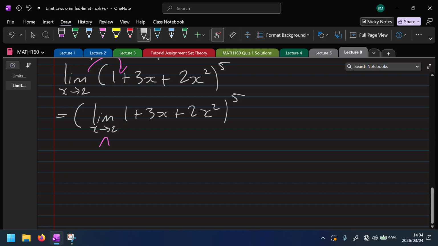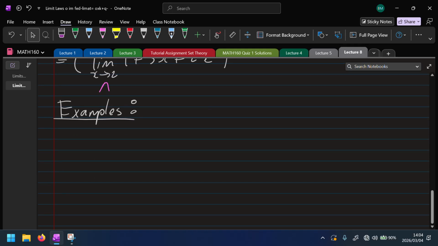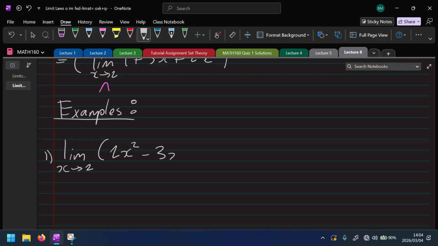Let's have a look at some more examples. Again, it goes: evaluate the limit if it exists. If it does not exist, explain why. That's how the questions will be. Number 1, we have the limit as x goes to 2 of 2x squared minus 3x plus 4.